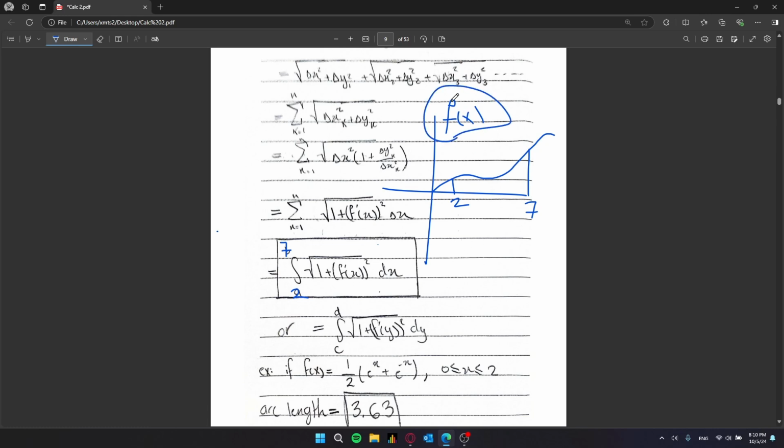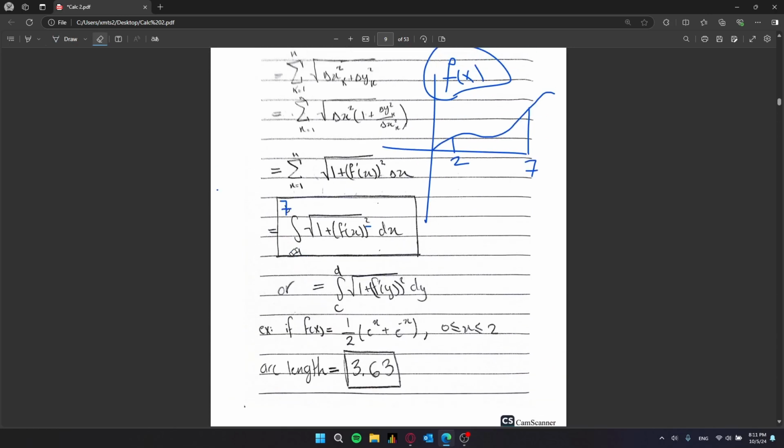So you differentiate the function, you square it, and then the rest is just math. It's just simple algebraic expression. You are simplifying it, and you are done. That is the whole lesson. There's nothing else to this lesson. You differentiate the function, and you put it in this formula.